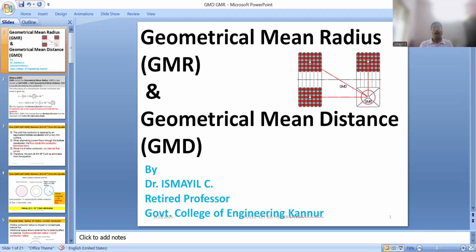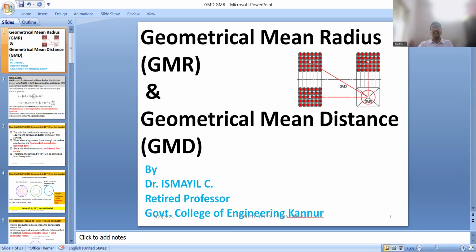Further moving to the concepts, we will see how GMR removes that particular term 0.5 into 10 raised to minus 7, which is mainly due to the internal flux linkage inside the conductor. For that purpose, we are replacing our solid conductor by an equivalent hollow cylinder with a very thin surface.